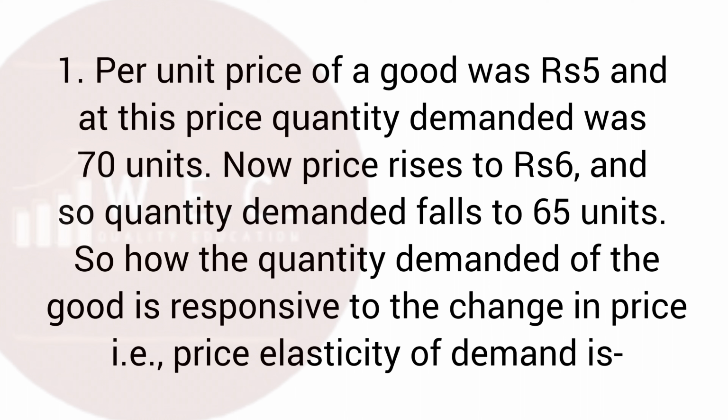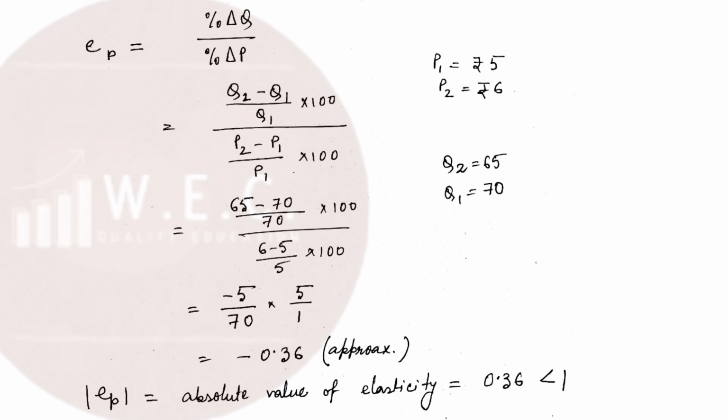Let's check what will be the elasticity of demand in this case. Under the percentage method, elasticity of price, that is E_P, is minus 0.36 here. So the absolute value of elasticity of price is 0.36. It means if price rises by 1 unit, then quantity demanded will fall by 0.36 unit and vice versa.